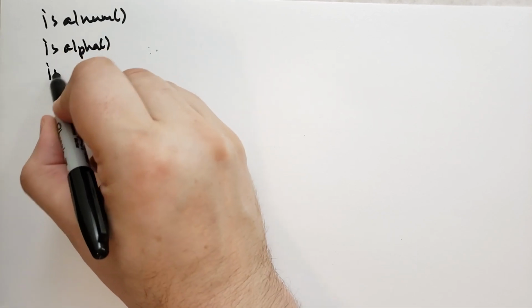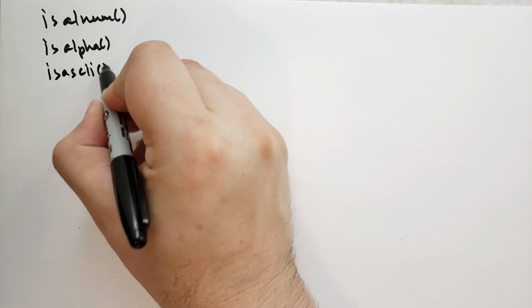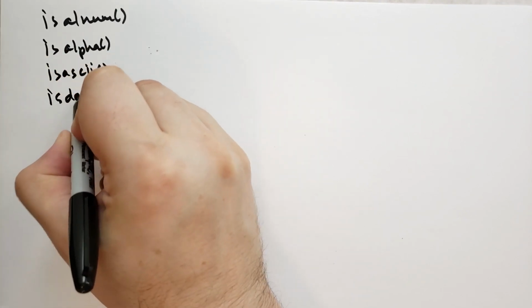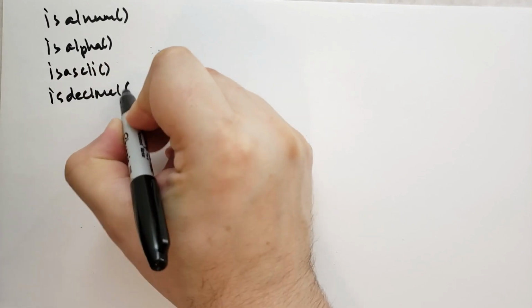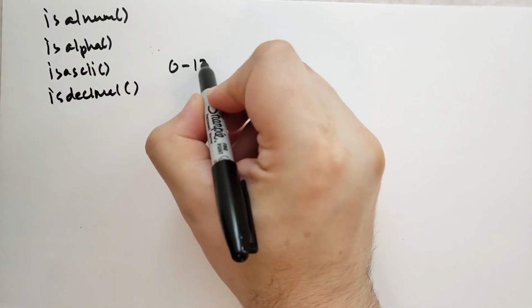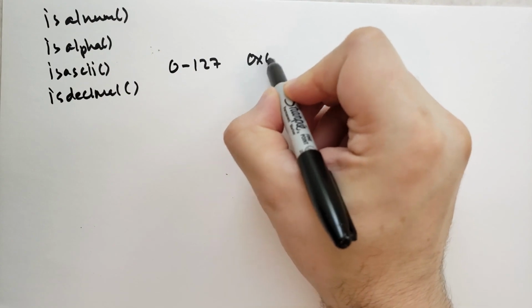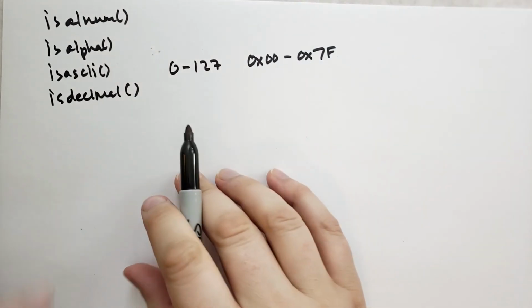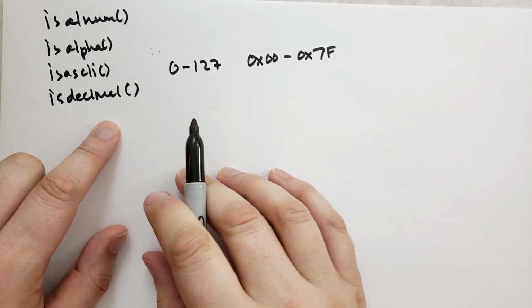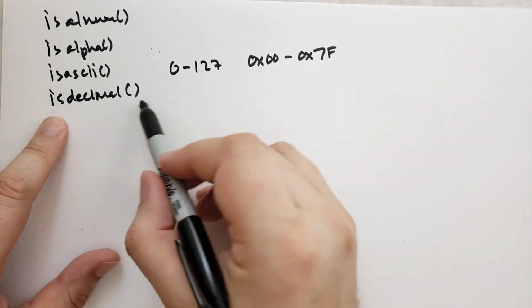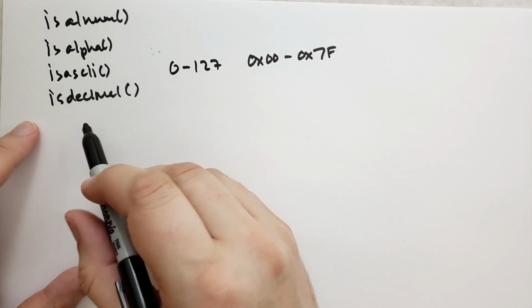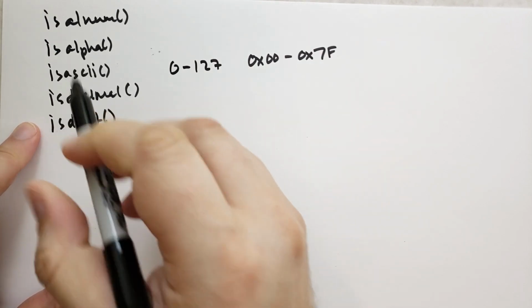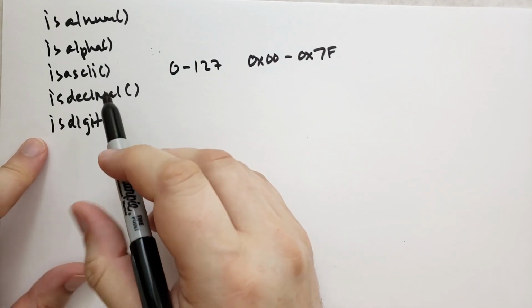There's isascii, which tests to see if it's valid ASCII. Note that ASCII only goes from 0 to 127. That's 0x00 to 0x7f, right? isdecimal tests to see if it's a decimal digit that can be formed to pass into int or something like that. There is isdigit, which tests to see if it's a digit or decimal in the Unicode standard.